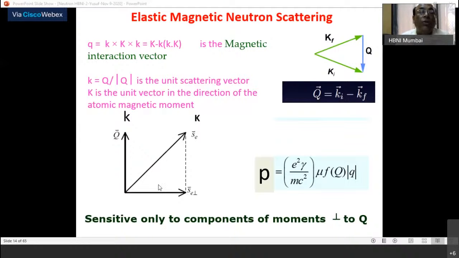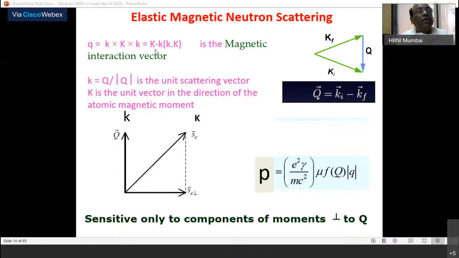But since we know from the theory that it sees only the perpendicular component, then obviously I can calculate back what is the full moment. So then I do get to know about the full moment. Though the neutron has interacted only with the perpendicular component, I do get back my total full moment. So that loss of information is not there, but I am talking about how the probe works. That is what you need to appreciate.